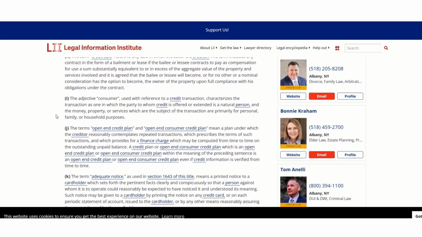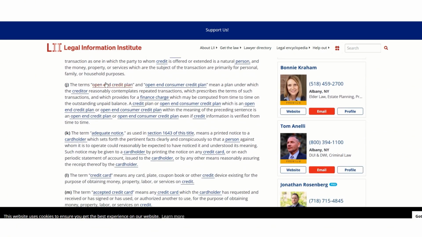The term open-end credit plan. An open-end consumer credit plan means a plan under which the creditor reasonably contemplates repeated transactions, which prescribes the terms of such transactions and which provides for a finance charge, which may be computed from time to time on the outstanding unpaid balance.